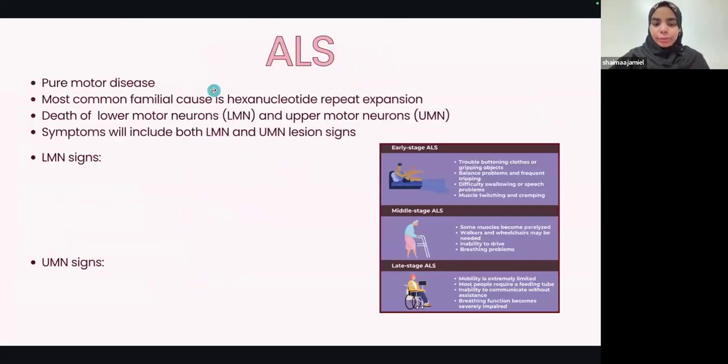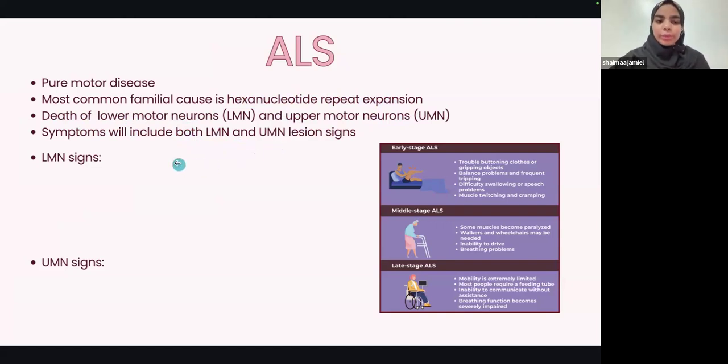So ALS is a pure motor disease, and it can have a familial part, which is due to hexanucleotide repeat expansions. So there's death of lower motor neurons and upper motor neurons, as you guys mentioned. And so the symptoms will include lower motor neuron signs and upper motor neuron signs.